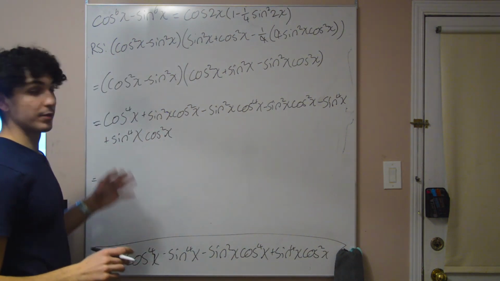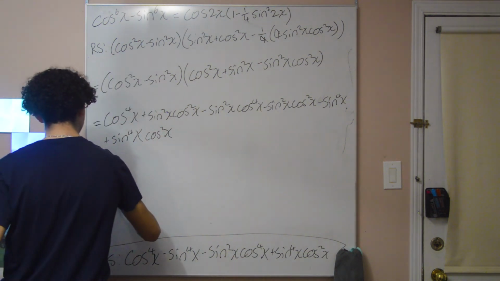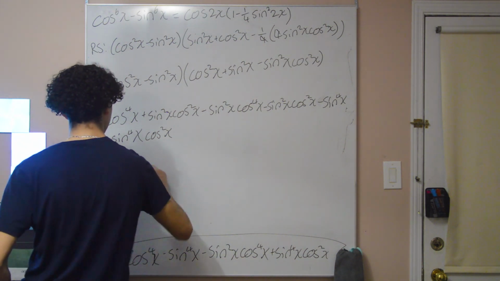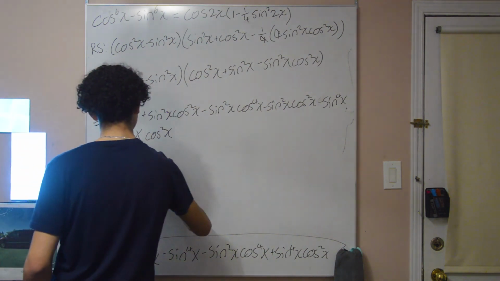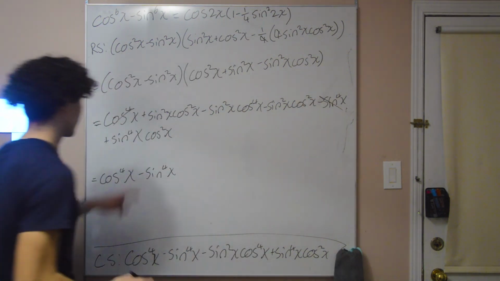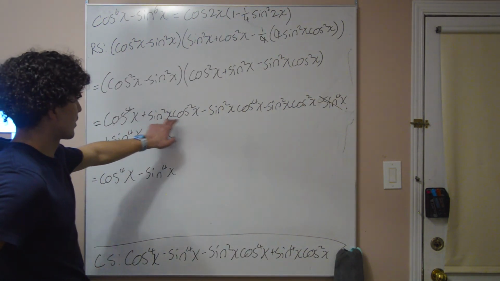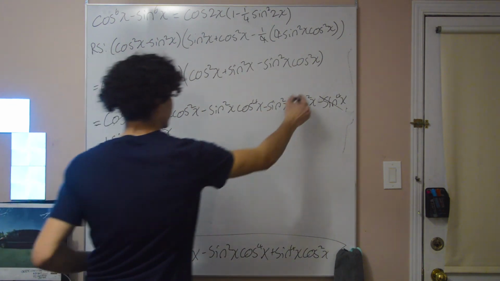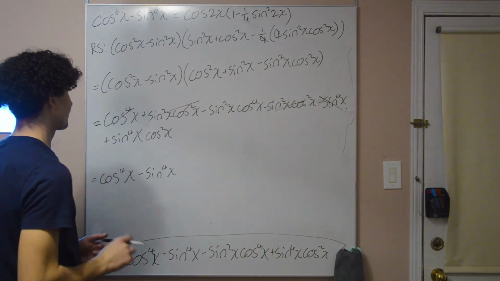Okay, now from here, once again, collect like terms. So cos 4x minus sine 4x, dealt with that. Sine squared x cos squared x minus sine squared x cos squared x, that zeroes out.